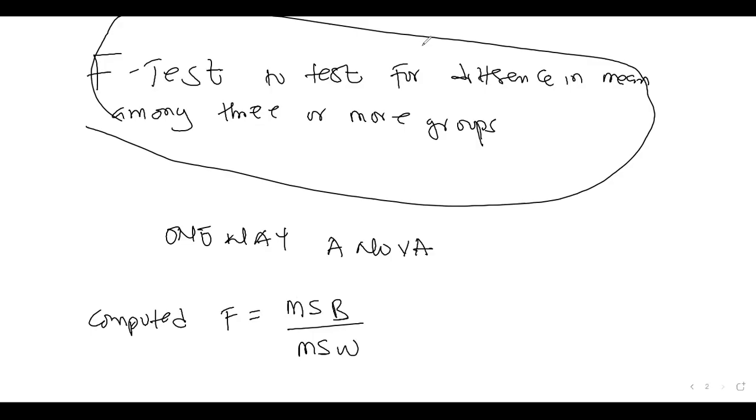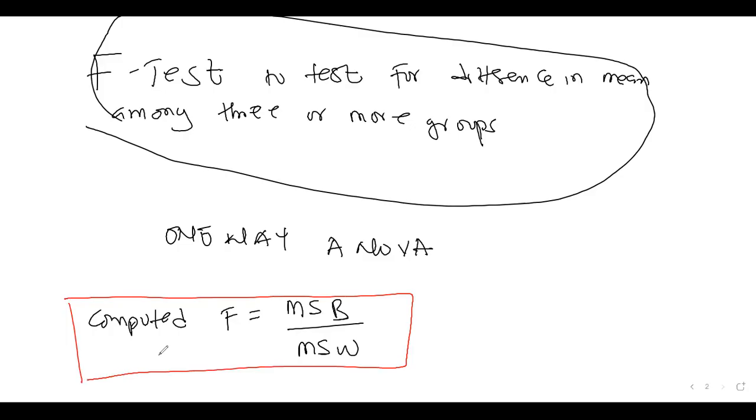The formula for the computed F is mean squared between divided by mean squared within, all right? So keep this in mind, and you realize that the steps we are going to follow now are the steps to get the mean squared between and then the mean squared within.